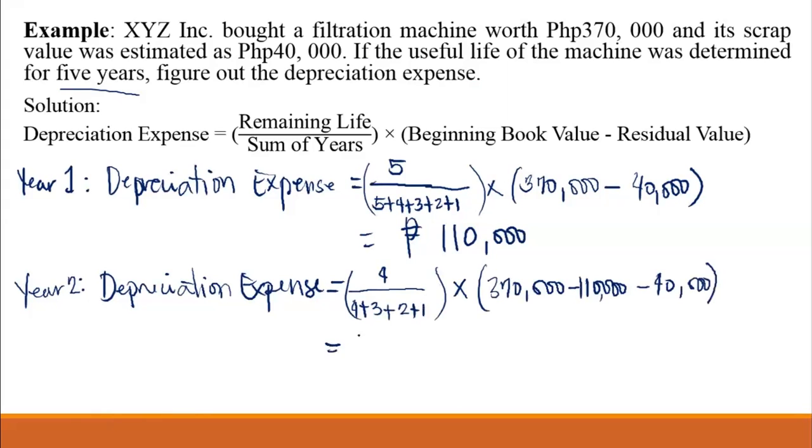So, this is equal to 2/5 times 260,000 minus 40,000. 40,000 lang. Kaya, second year, this is equal to 88,000 pesos. Depreciation expense. Okay?